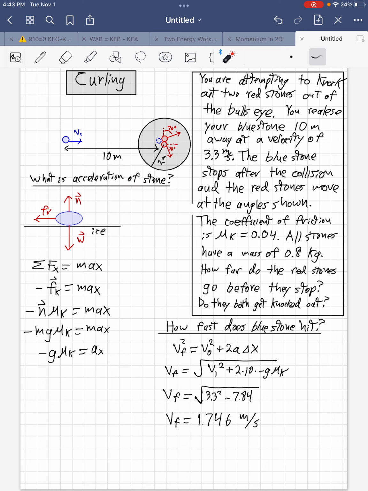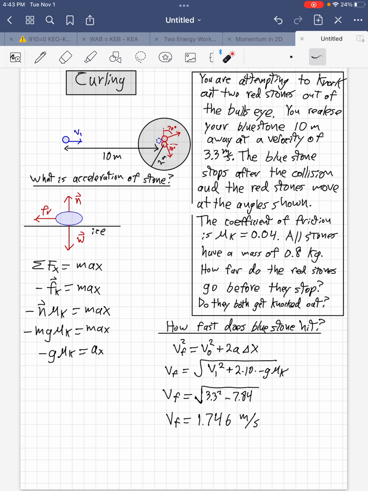For that we can draw a free body diagram. Looking at a cross section, it's sliding on the ice. We have the weight going down into the ice, the normal force of the ice pushing back up on the stone, and the kinetic friction force pushing the other way.